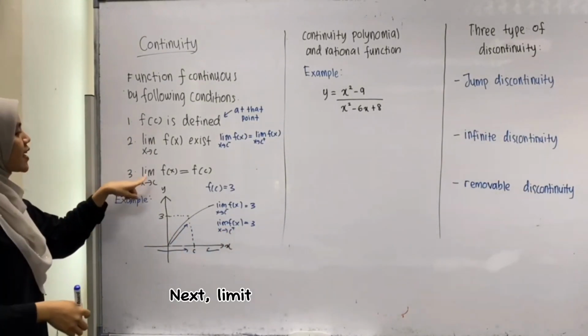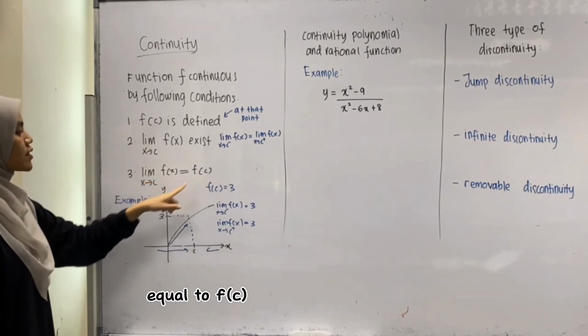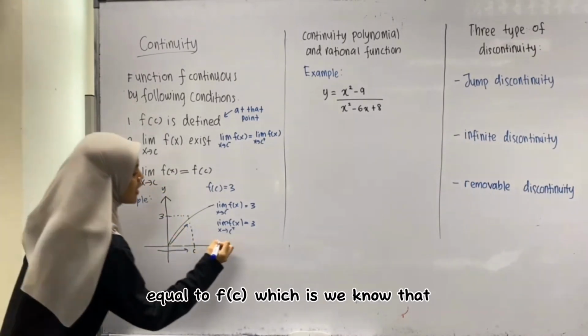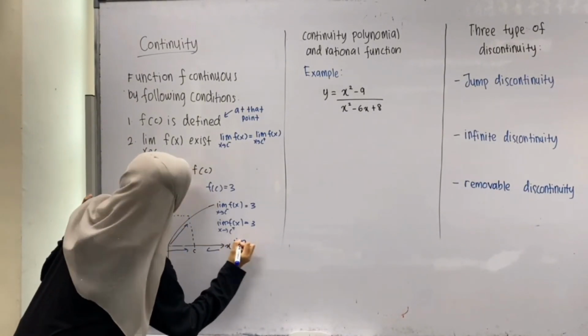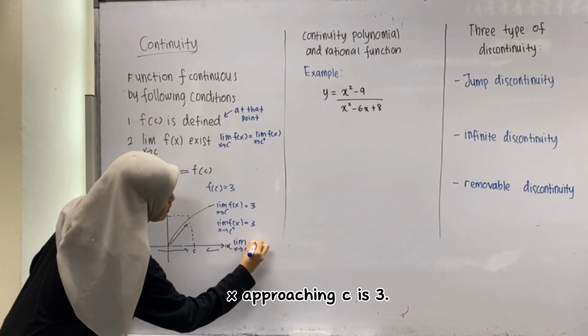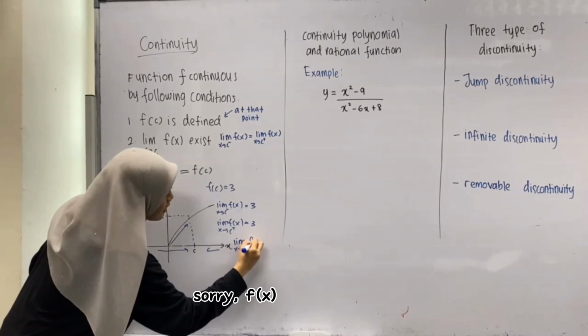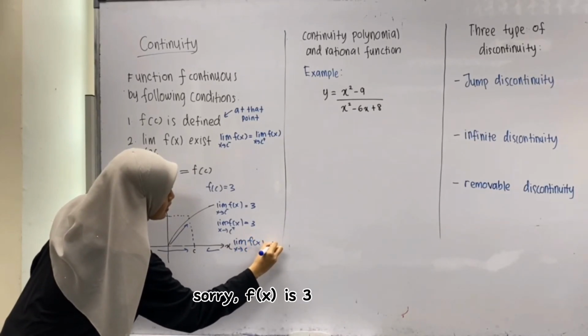Next, the limit of f(x) as x approaches c equals f(c). We know that the limit as x approaches c is 3, and f(c) is 3.